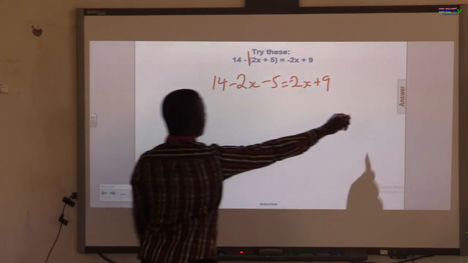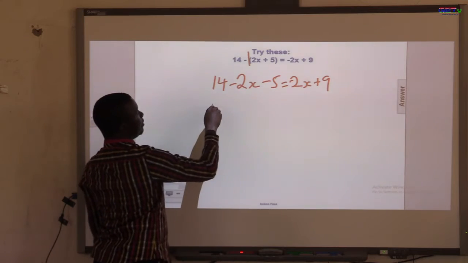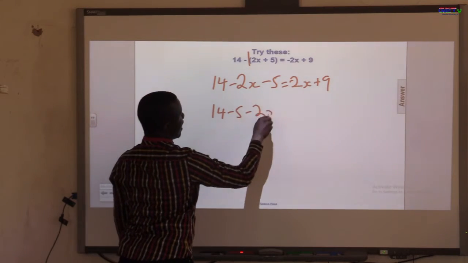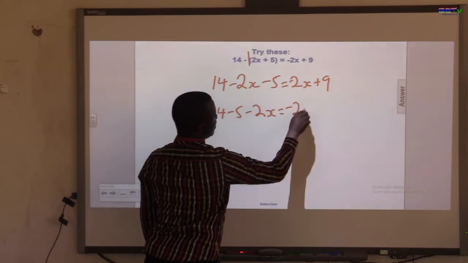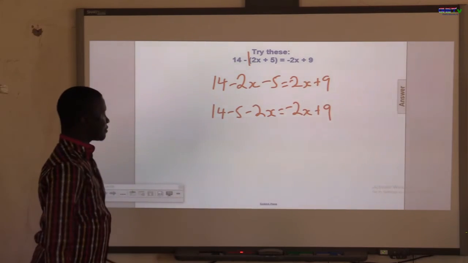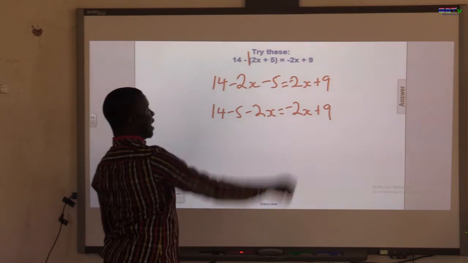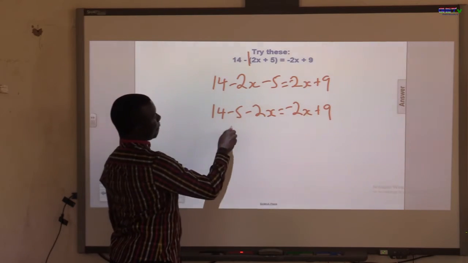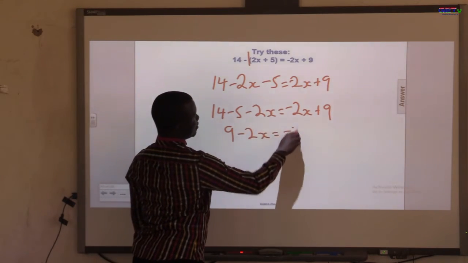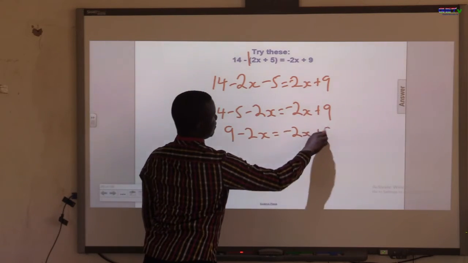First, we can rewrite our equation. 14 minus 5 minus 2x is equal to negative 2x plus 9. 14 minus 5 is 9, minus 2x is equal to negative 2x plus 9.